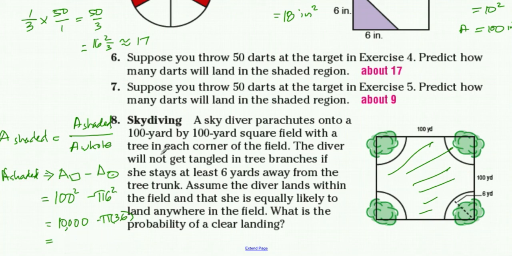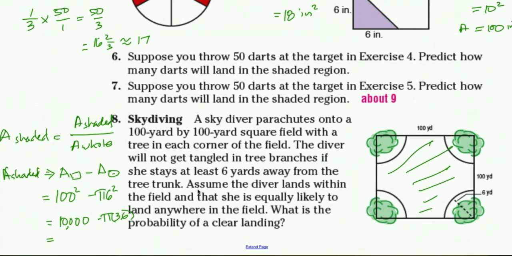And 10,000 minus 36 pi is equal to 9,886.902 dot dot dot. Okay, so that is the area of our shaded region.